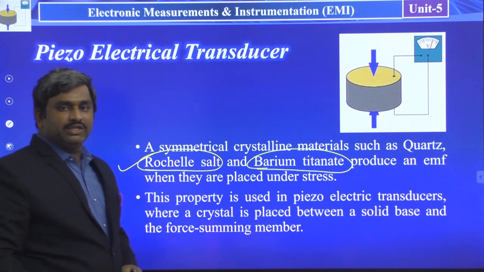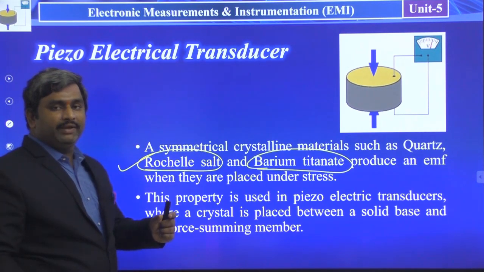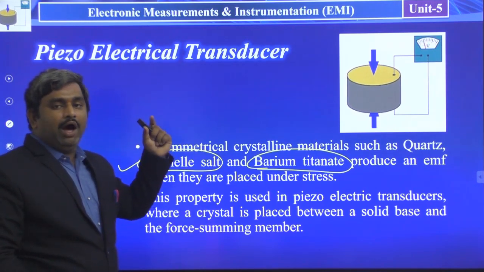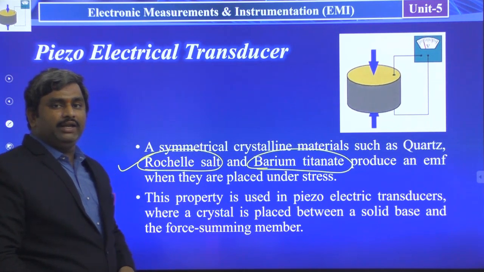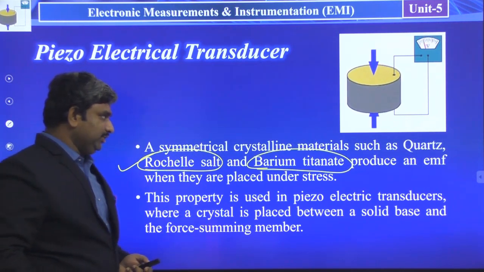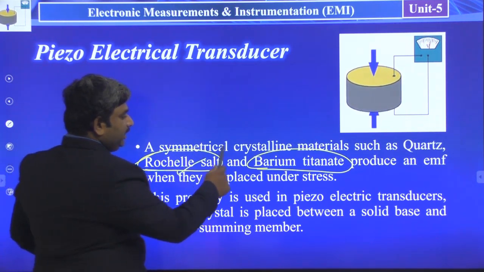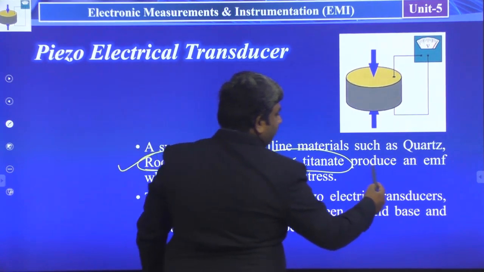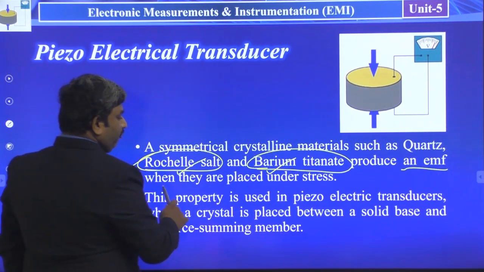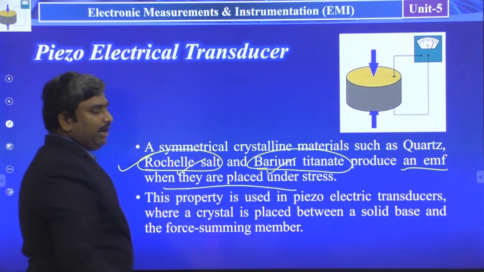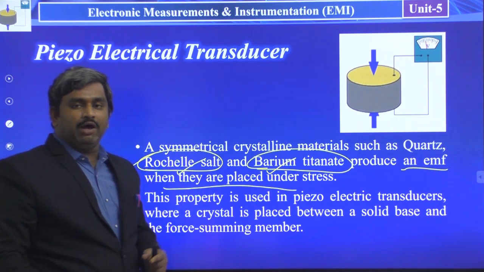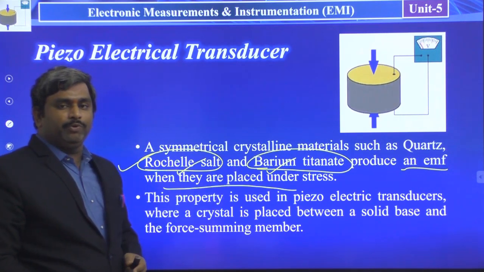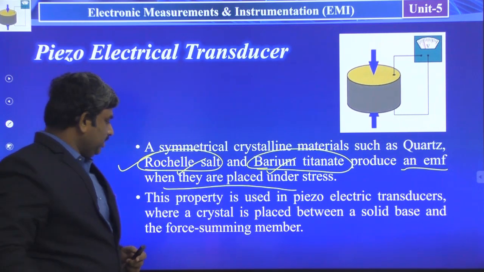These materials combined form a quartz, and when you apply some pressure on this quartz, it automatically produces some voltage. Rochelle salt and barium titanate combined produce an EMF when placed under stress. When stress is placed on this material, it automatically produces some electromotive force.